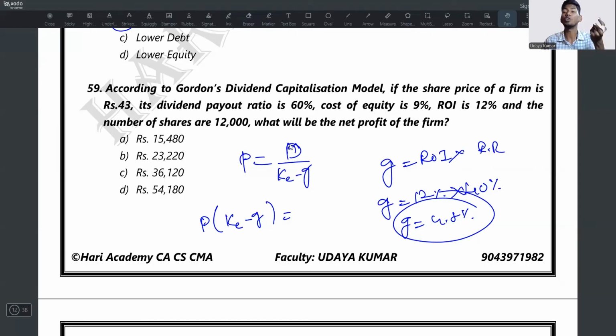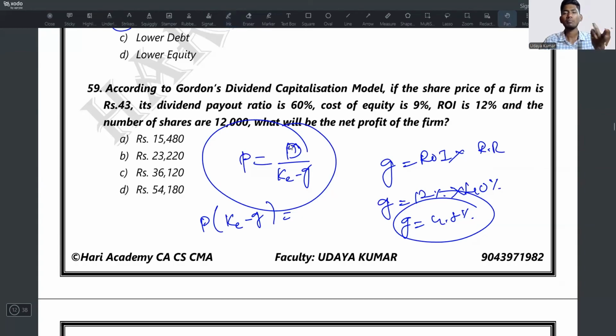So now we have to find the dividend per share. Only then can you multiply with the number of shares to get the total amount of dividend, right? So before that you have to find the dividend per share value, which you can easily do using Gordon's growth model formula. P is equal to D divided by (K minus G), right?